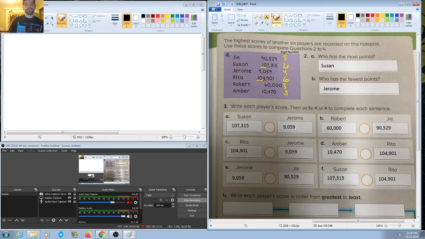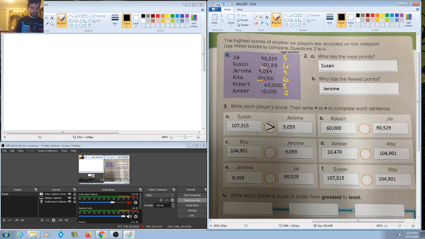Okay, so now we'll directly compare each of the numbers, and again, it's a little easier because they're right next to each other versus in a notepad. We determined that Susan scored the most points, but this also highlights that Susan's is a 6-digit number, and Jerome's is a 4-digit number. So the number with more digits will automatically be larger if that case is present.